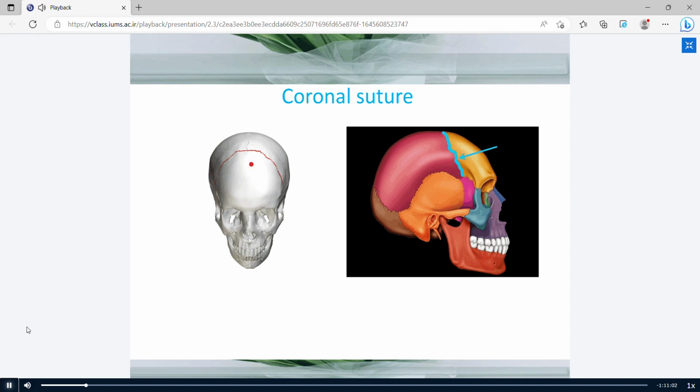As you know, you can see a frontal bone and two parietal bones. There is a suture between the frontal bone and parietal bone. It's called the coronal suture. You can see half of the coronal suture in this picture.